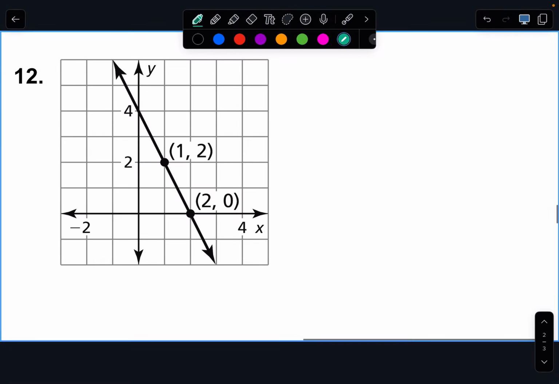Okay, I want you to try number 12. Try it. Y minus 0 equals, so y equals 2 times x minus 2.